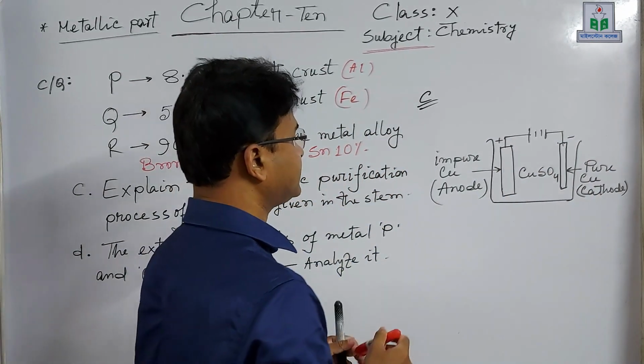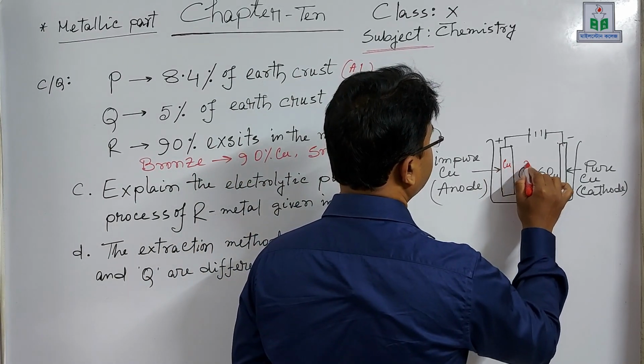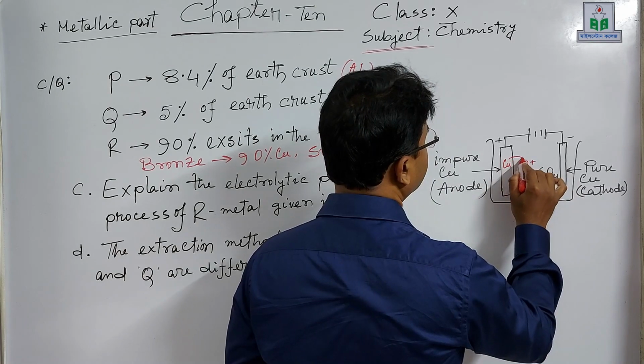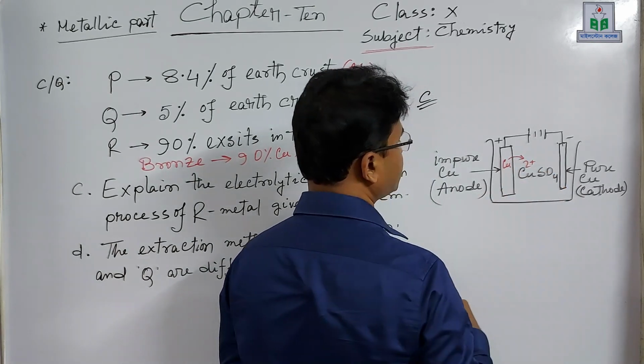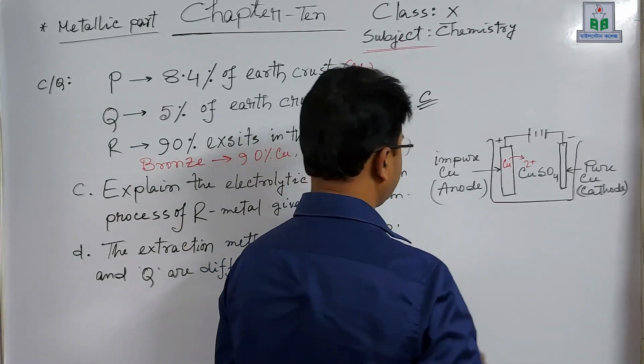After passing electricity, at the anode, copper releases 2 electrons to form copper 2 plus ion in the solution.